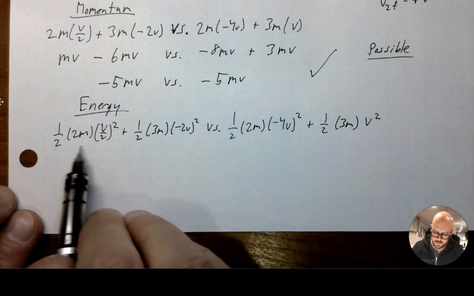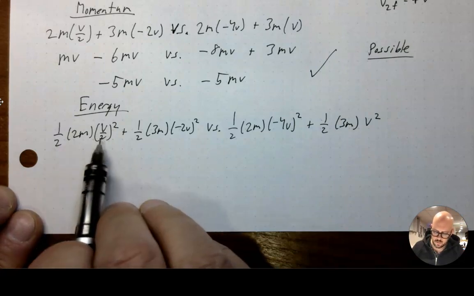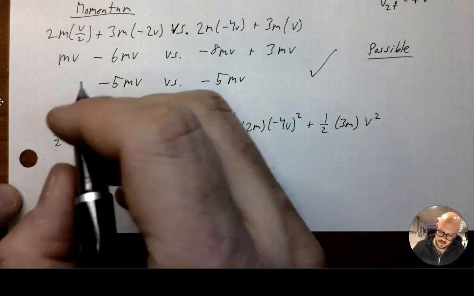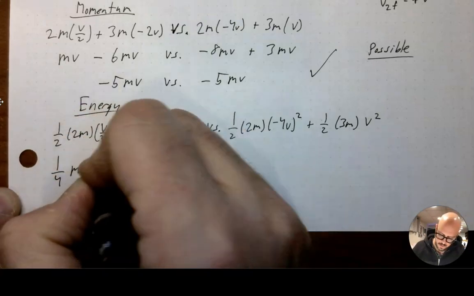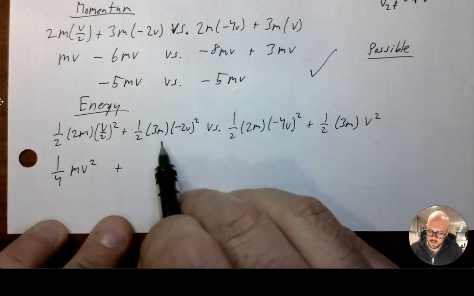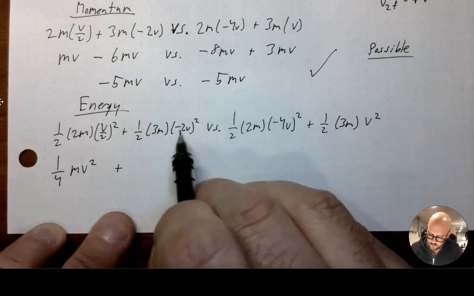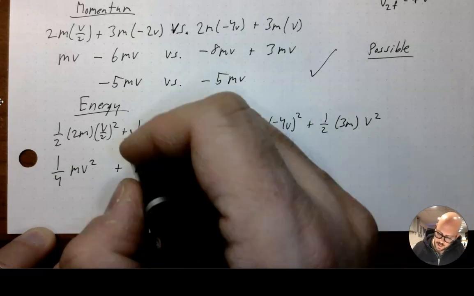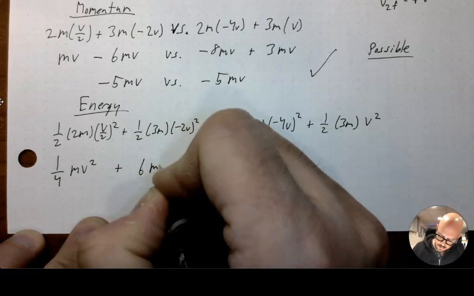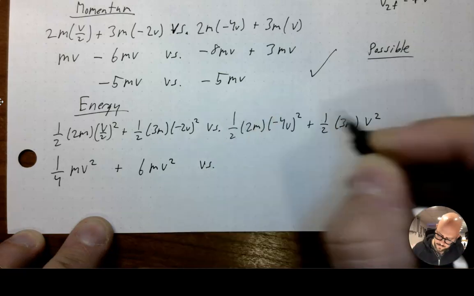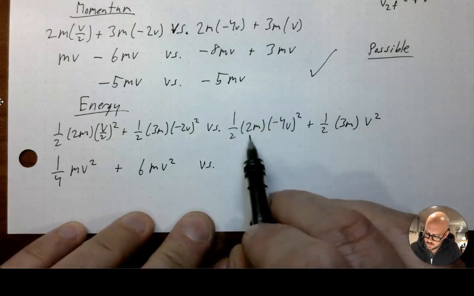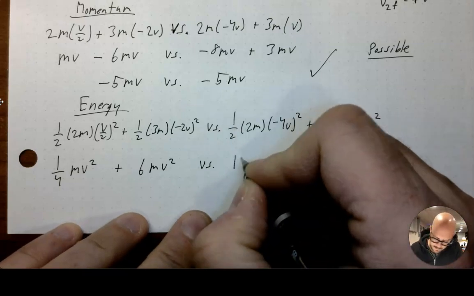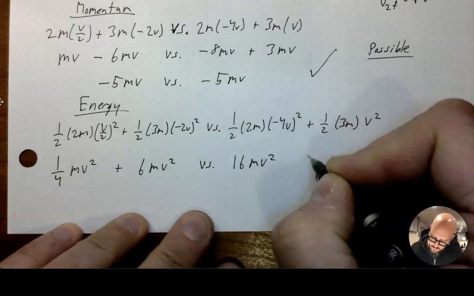Okay, so when I simplify this first term, I have 1/2 times 2 times 1/4. And so that's going to be 1/4 mv squared. This next one is going to be 4 times 3 times 1/2, so that's going to be 6 mv squared. Versus. This next one's going to be 16 times 2 over 2, so that's going to be 16 mv squared.